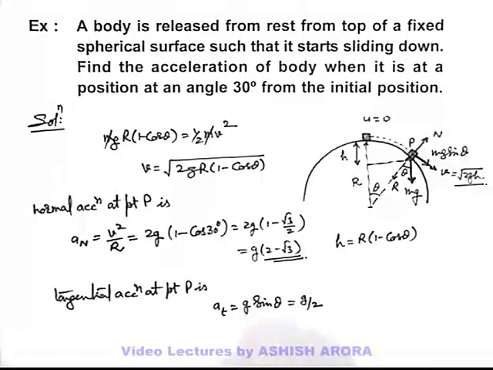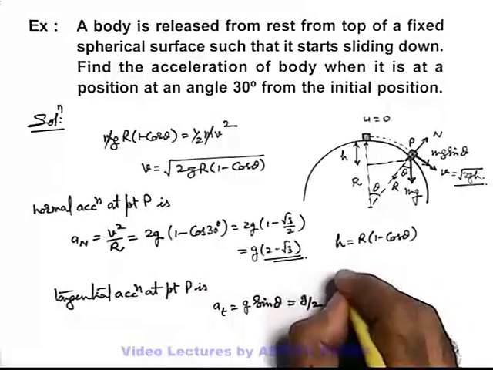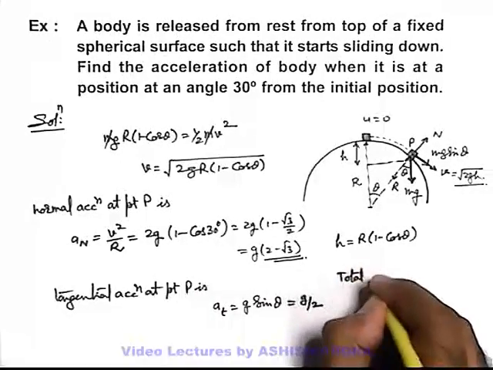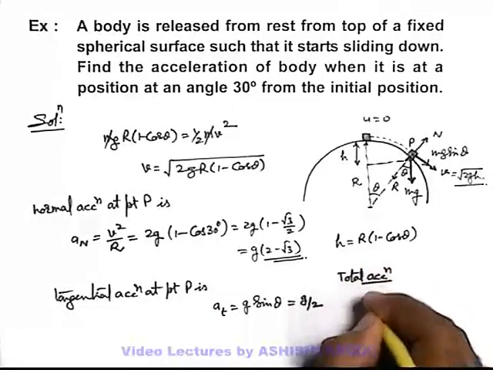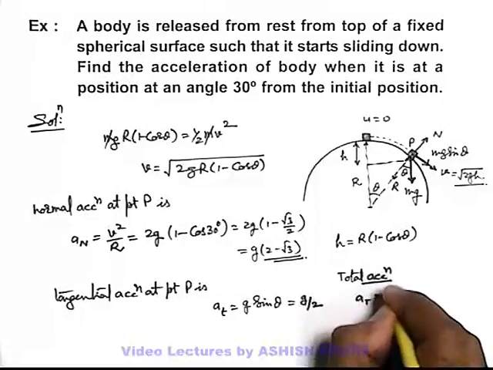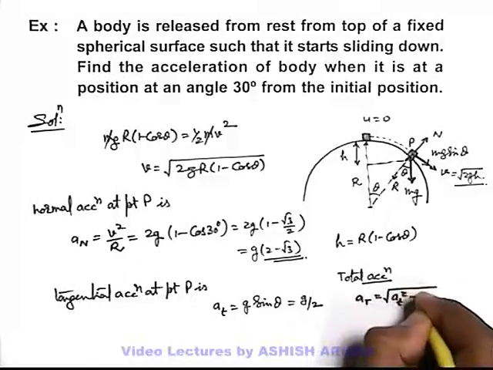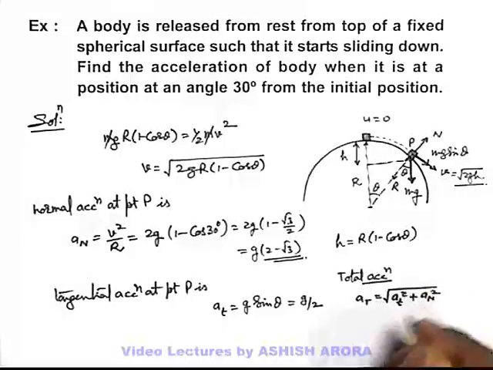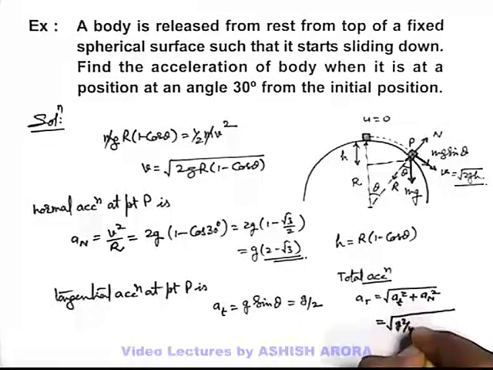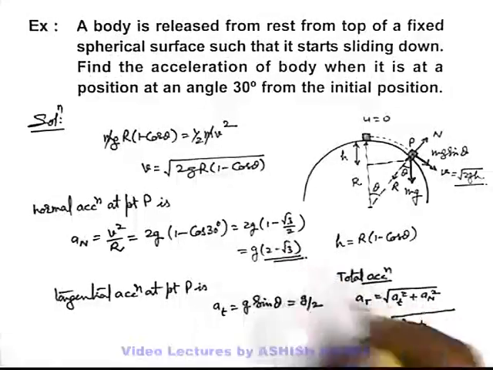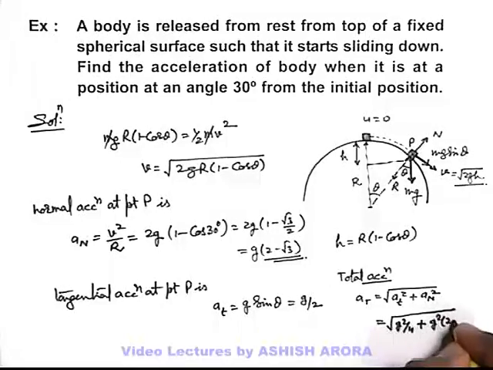And if we talk about the total acceleration, we can simply state that the total acceleration of the body, A total, can be written as root of A tangential square plus A normal square. When you substitute the values, it is root of g square by 4 plus g square into 2 minus root 3 whole square.